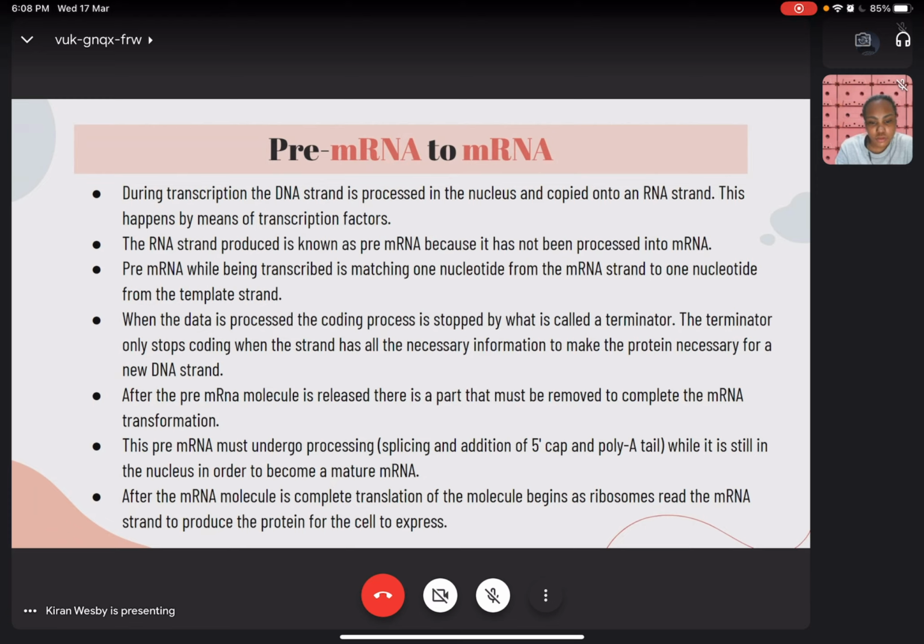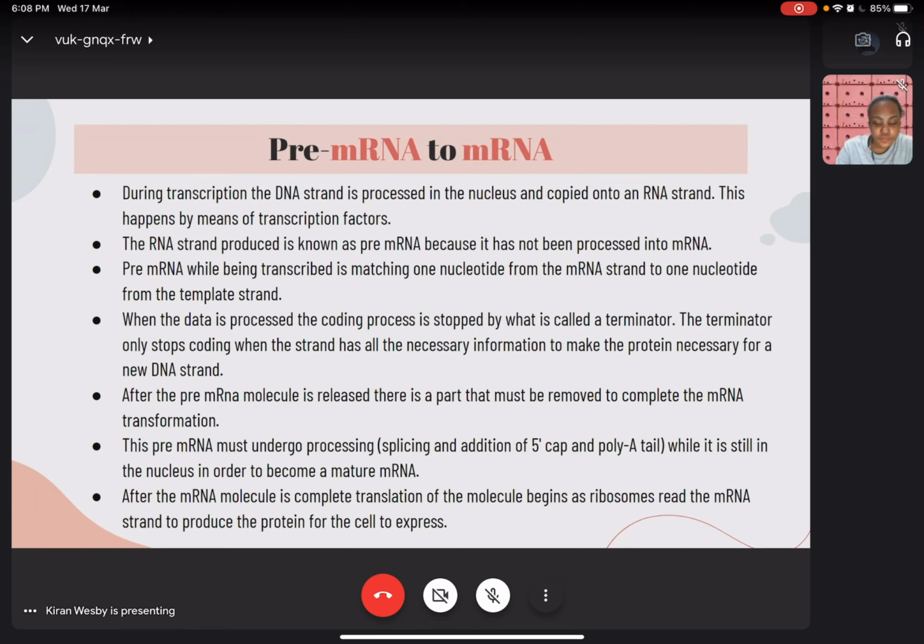Pre-mRNA, while being transcribed, is matching one nucleotide from the mRNA strand to one nucleotide from the template strand. There are three things that pre-mRNA must go through to become a complete RNA strand. So when your pre-mRNA strand is being transcribed, it's matching one nucleotide from the mRNA strand to one nucleotide from the template strand.